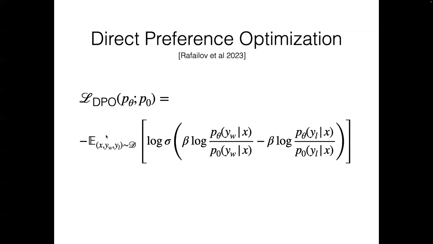If you kind of look at this, what does it depend on? Well, it depends a lot on the data that you have. If you have some really good preference data set, then yeah, this could be really stable. It doesn't involve generating with the model, and so the training can be fast.